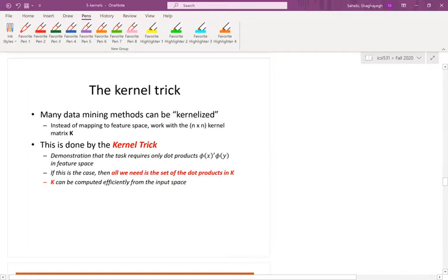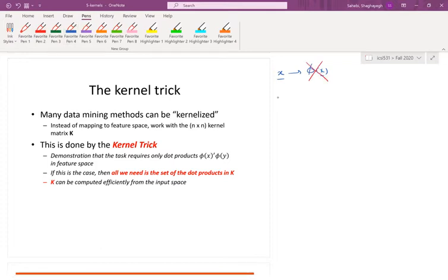So the thing is that for a kernel to be able to work, we said that we do not want to have access to phi. So we have x to phi of x, right? From vector x to phi of x, that's the kind of transformation that we are going to do. But instead of working with phi of x, we don't have access to it.